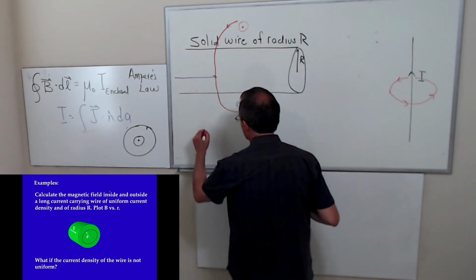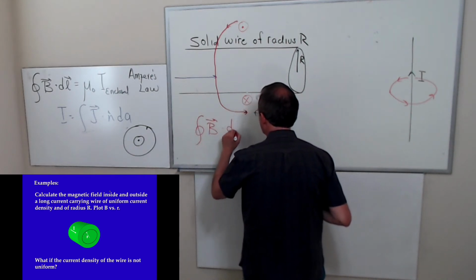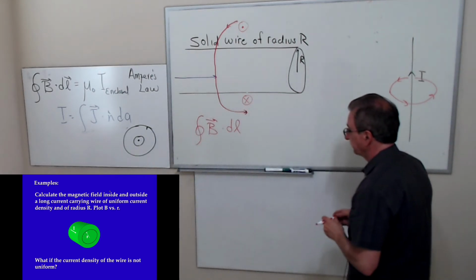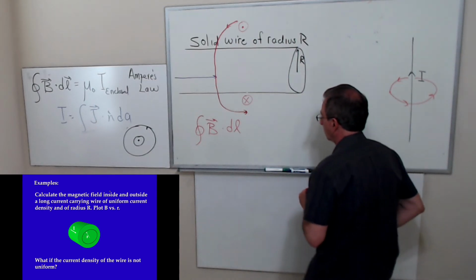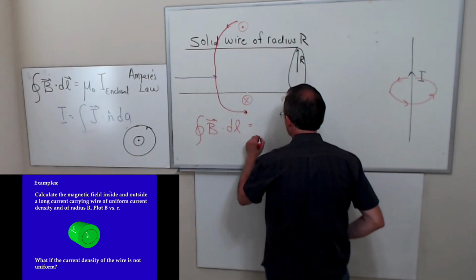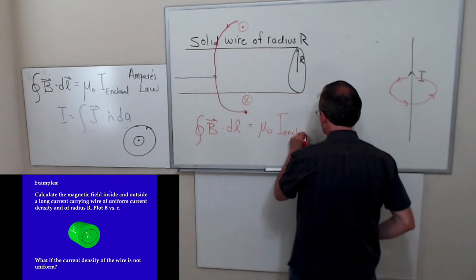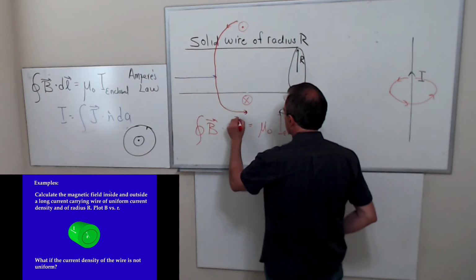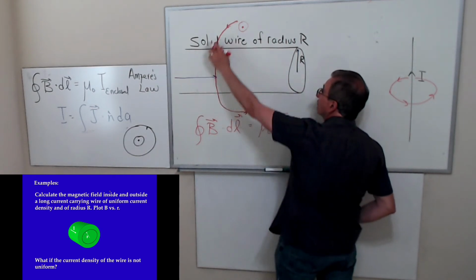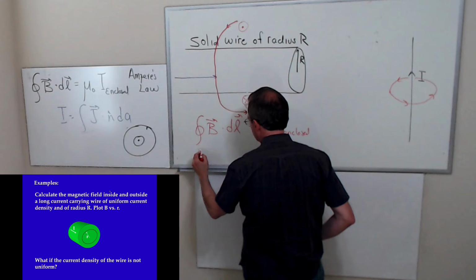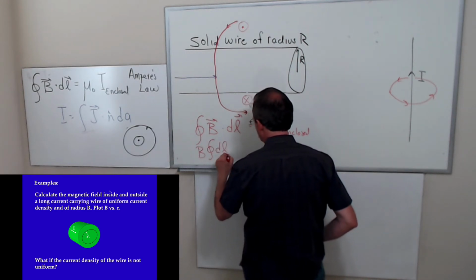So then I'm going to use this expression, the integral of B dot dl, and it's going to be equal to mu naught times I enclosed. Since the magnetic field has the same value anywhere around the loop, I can just take it out of the integral sign and integrate around dl.